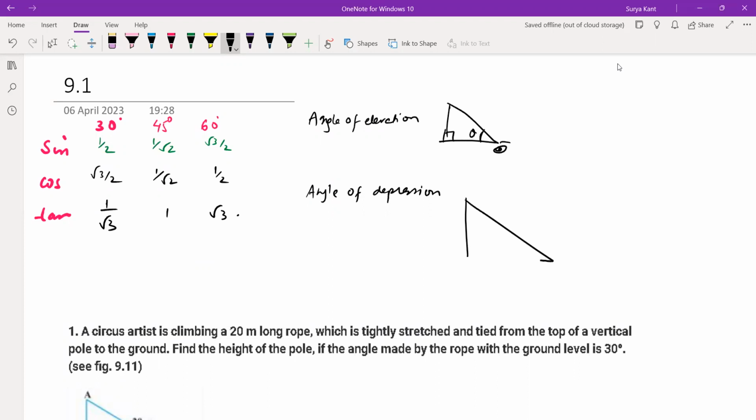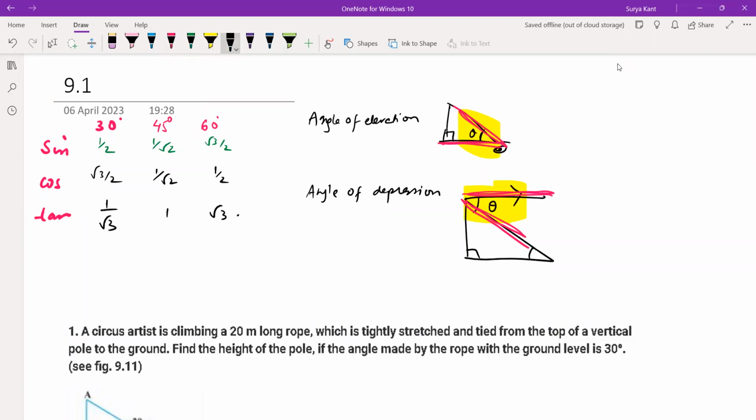Exactly the same angle will come for depression, and for formality we mention it as theta. This is always measured from the horizontal line to the line of sight.